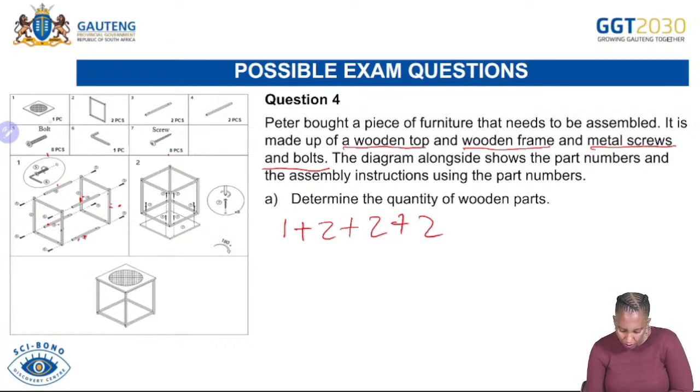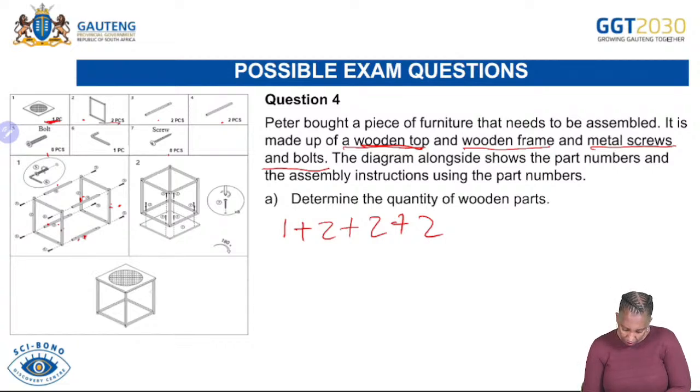We have this one piece, which is the wooden tabletop, and then two pieces of wooden frame, plus the single pieces, two, because as you can see here, when we are putting together our table, we've got the two frames on the sides, and then we have the tabletop.